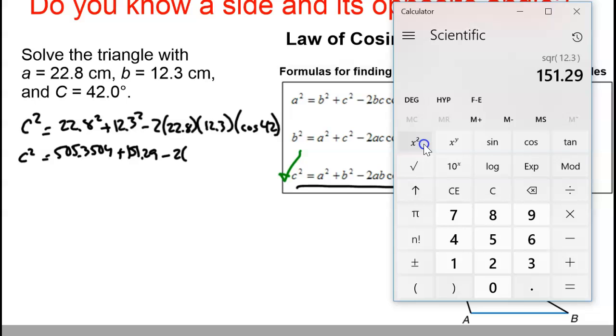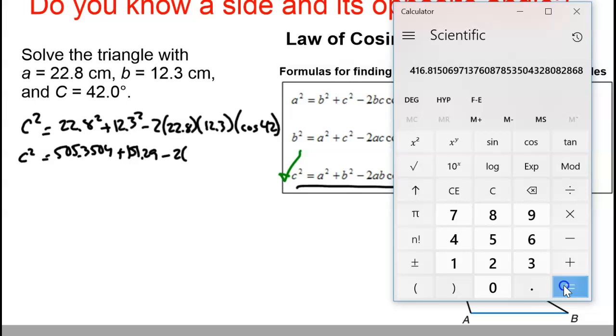And so we're going to calculate the next part. 2 times 22.8 times 12.3 times cosine of 42. Remember, if you've been using the sine formula, make sure you remember that this is cosine.